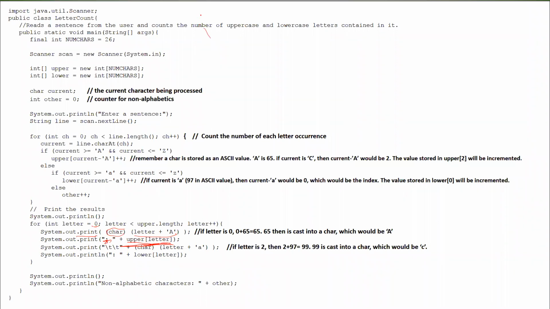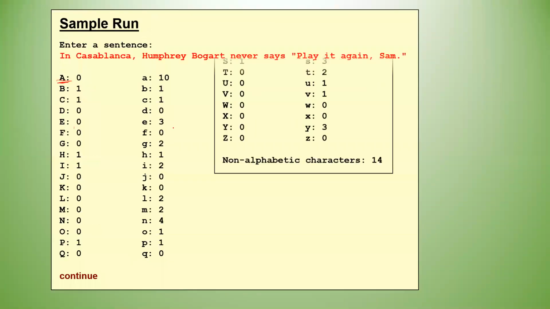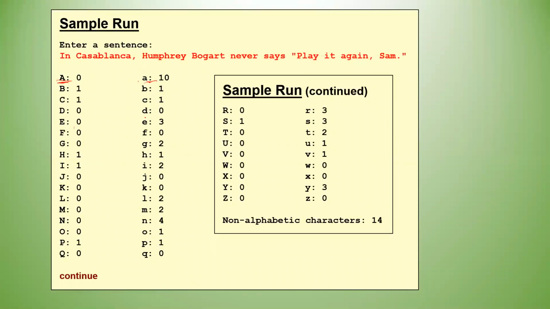So this is a very good program. And this is the same thing, right? Letter is 0, 0 plus 97, that's 97. Convert that into a character, that would be lowercase a. And that's what you see here. So it does that all the way.